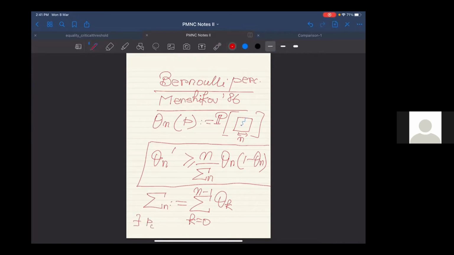So not to confuse it, I am calling it pc star, because this has nothing to do with the original pc. It's just some number.